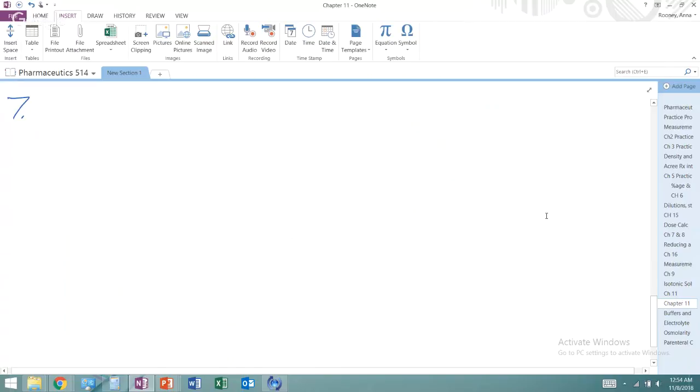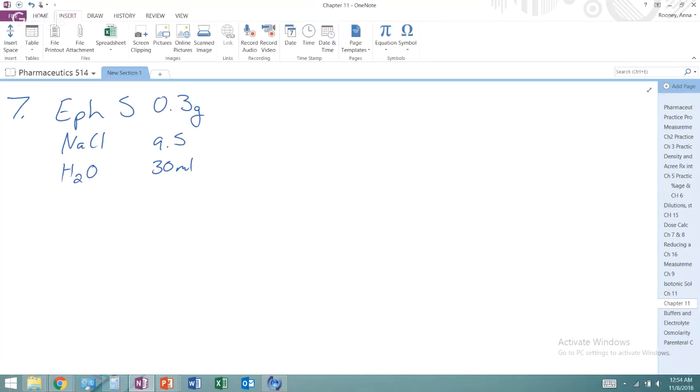So with ephedrine sulfate, we need ephedrine sulfate, and they want 0.3 grams, and then they want NaCl QS, and then they want water to 30 milliliters. So let's first figure out how much sodium we will need to make this isotonic.